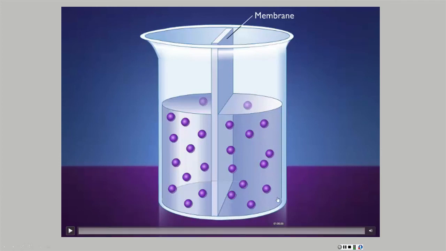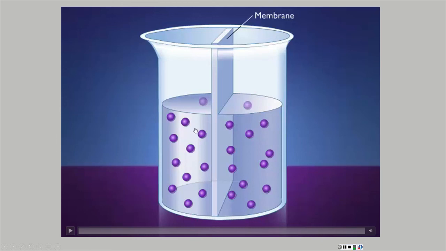Now what we see here is water with some small particles dissolved in it. And there's a membrane dividing these two sides. And the membrane is going to be permeable to really, really small stuff, like water molecules.